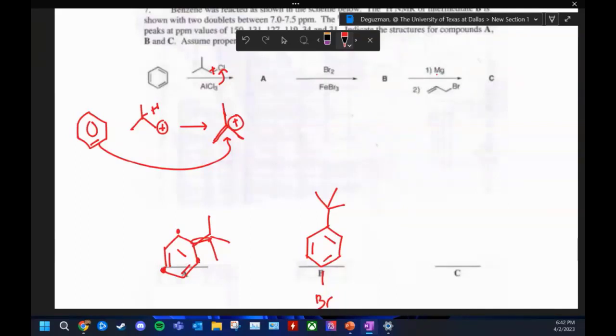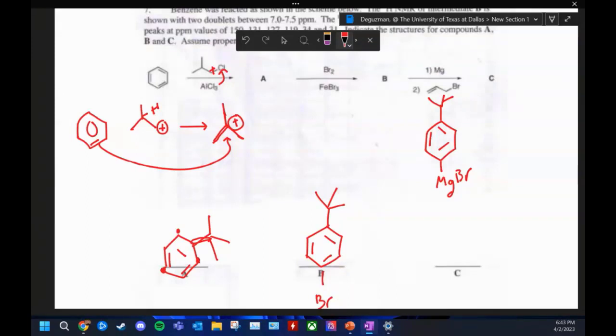Okay, so adding that Mg, whenever you add Mg to a molecule that has Br, it turns into a Grignard. So that's just a simple reaction where instead of Br, remember MgBr.